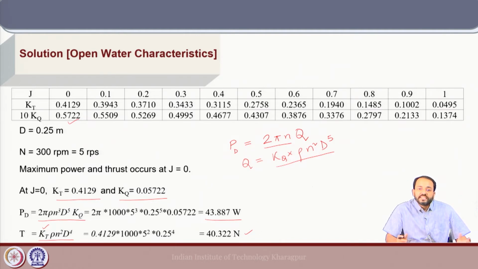Now, as discussed, the maximum efficiency will be at the point where the value of eta O is maximum. So, the maximum efficiency can be computed using the eta O curve and its variation with J, and we can take the maximum value based on any statistical analysis that can be used to calculate the maximum efficiency of the open water diagram.